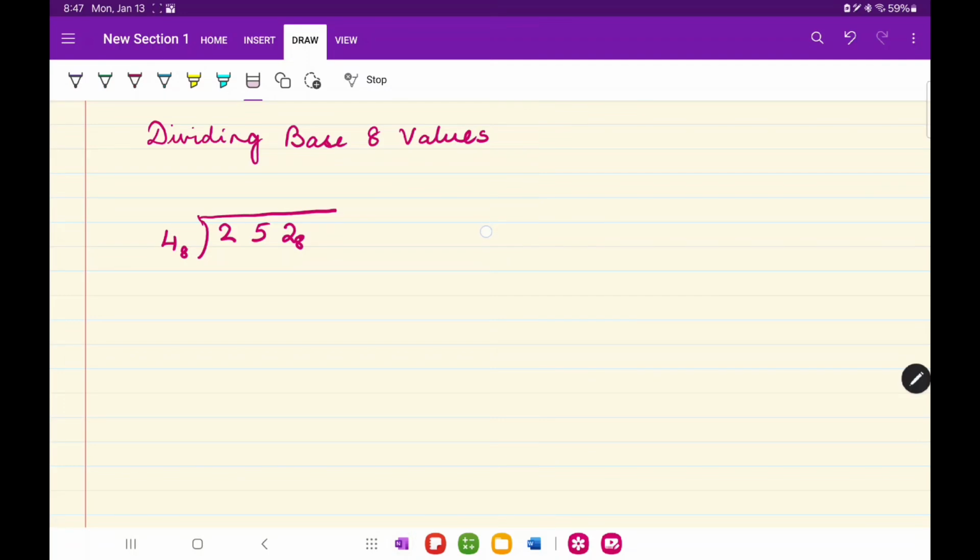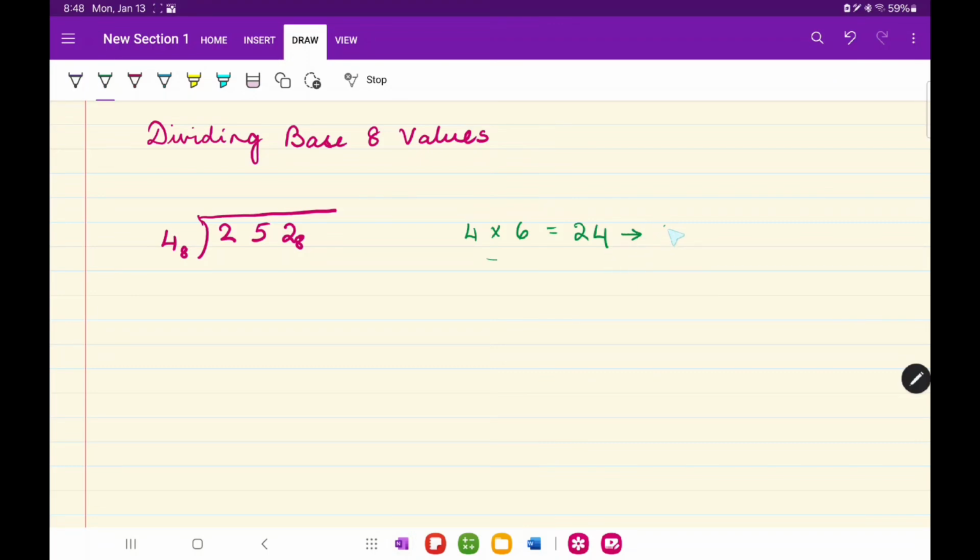So I'll start with 4 times 6 perhaps. All right. So 4 times 6 in decimal is 24, correct? So I have to convert that to a base 8 value, and I can do that by the bundling process. How many bundles of 8 can we create out of 24?